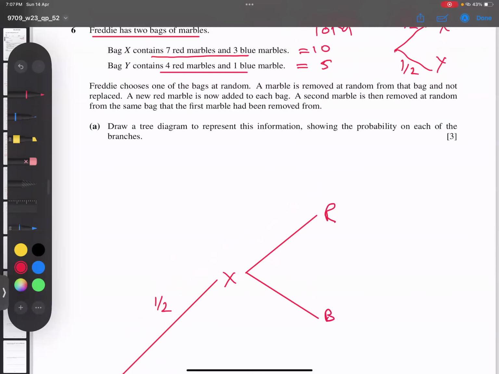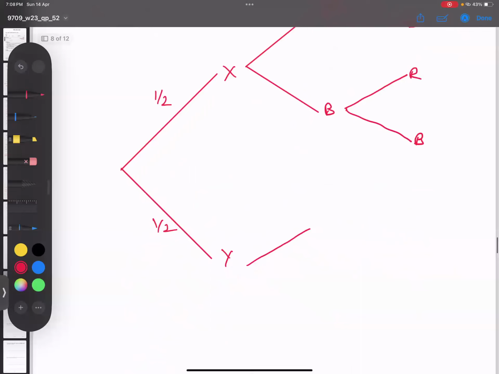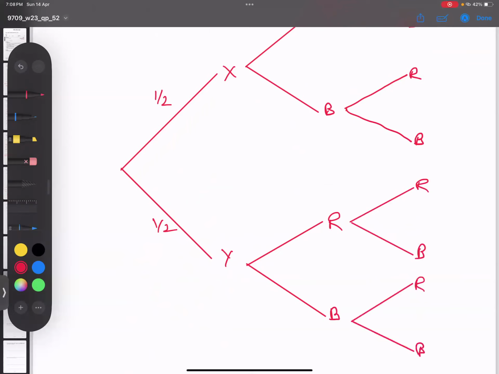And then again, we have red and blue. Again, we have here red and blue. And the same situation down, students. Here we have red and blue, red and blue. You see, if you make the first branch expanded, you can make it easily.